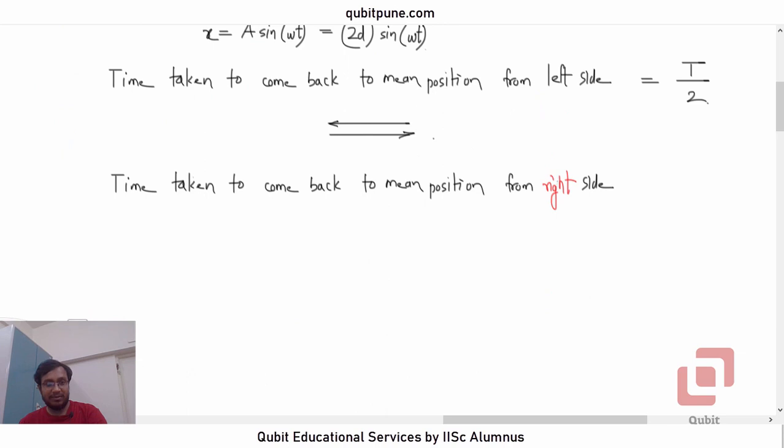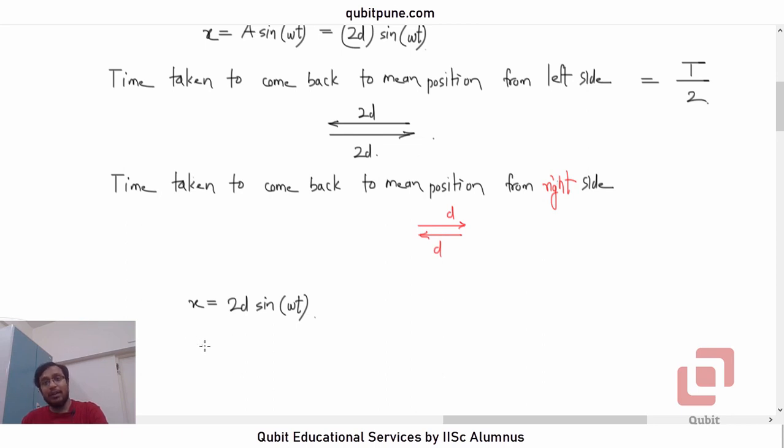So let me just sketch it here. It can only travel a distance d and it needs to come back, whereas in this case it was traveling a distance 2d to the left and coming back. Now to calculate this time, let us again use the same equation, x equal to 2d sine omega t, because the equation is still the same.